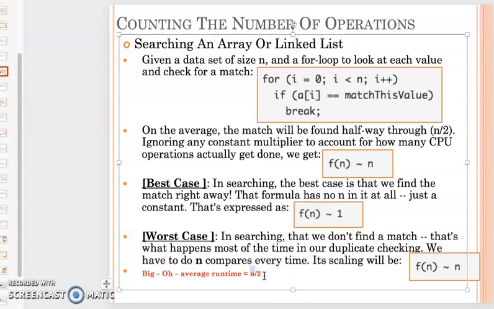For example, when you have n times, maybe your runtime is 1 minute or 2 minutes. What we care about is the unit, so we don't really care about the coefficient. When you have a for loop to do the searching, no matter whether you use an array or linked list, we say your big O is n, because the first thing we consider is the average case.